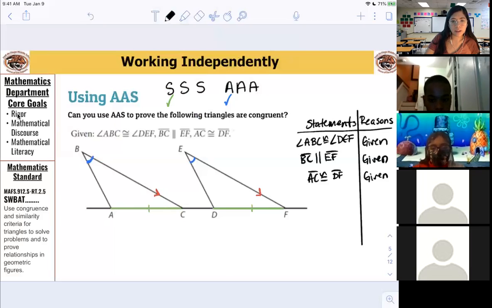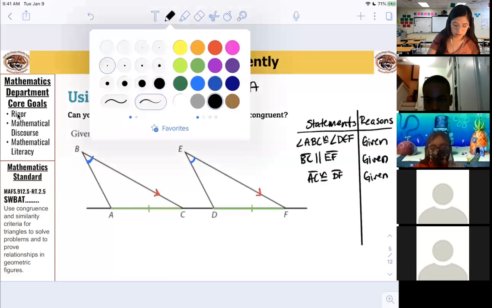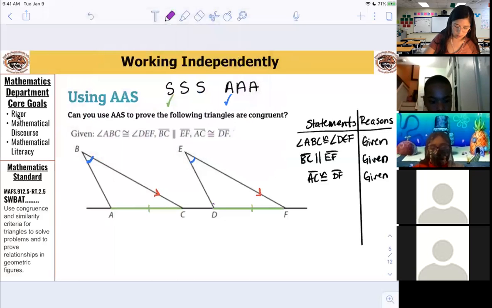D and A. D and A. Okay, why do you say D and A, Tyrone? What allows you to say D and A are congruent? Okay, so you changed your mind so that you don't think it's D and A?